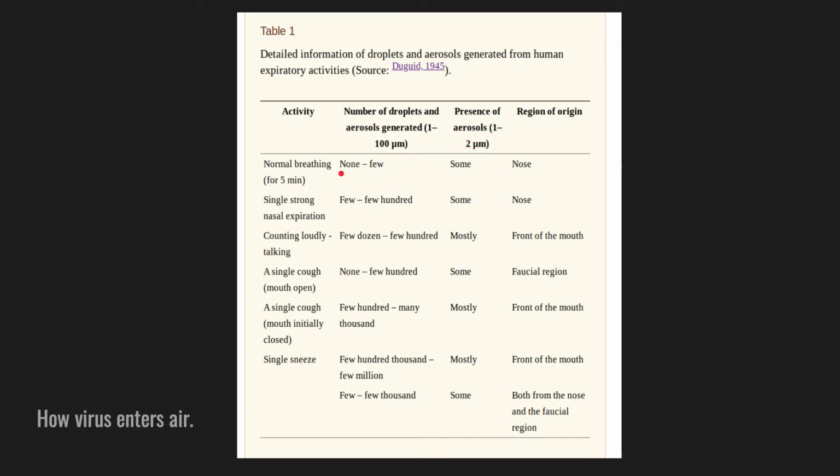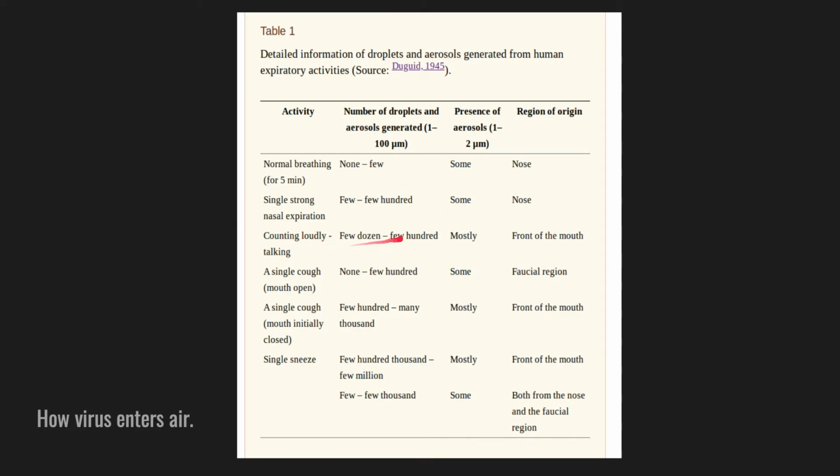All right, so normal breathing does not produce much. A single strong nasal exhalation produces far more, a few hundred droplets or aerosols for each expiration. Just breathe in, breathe out. The exhalation, a strong nasal exhalation, can spew hundreds of virus droplets in the air.